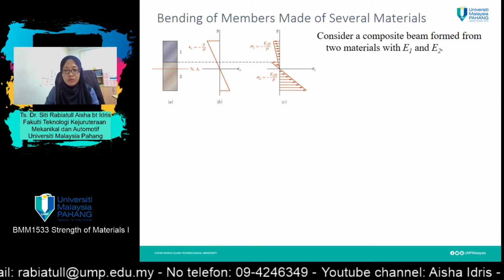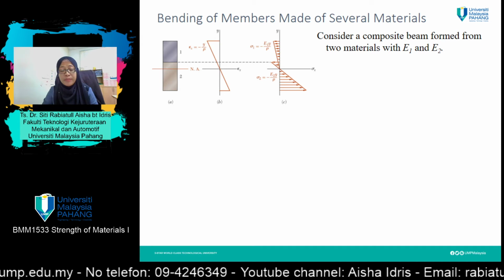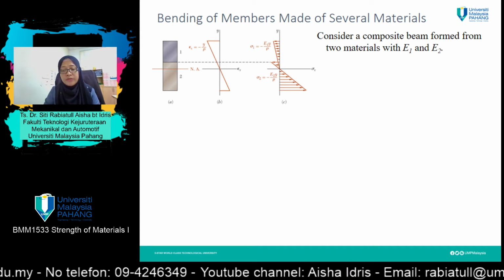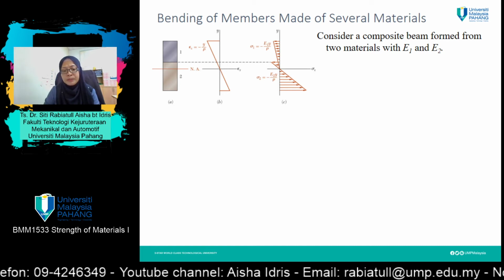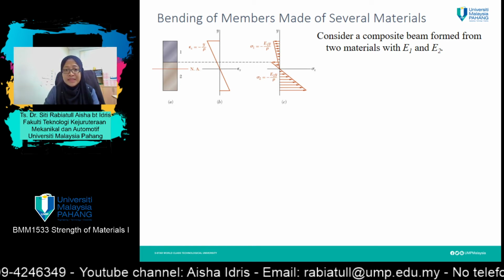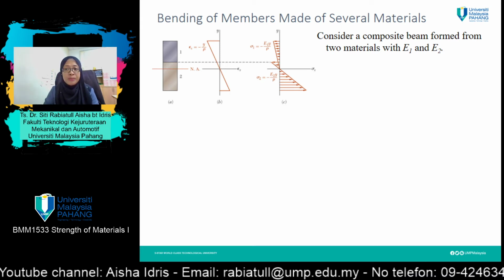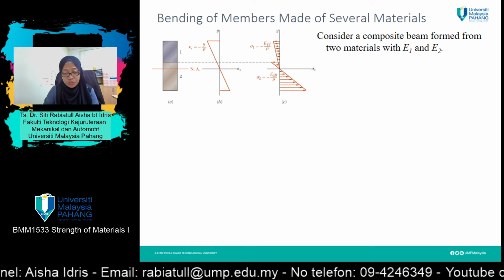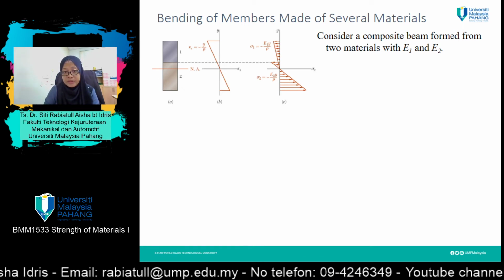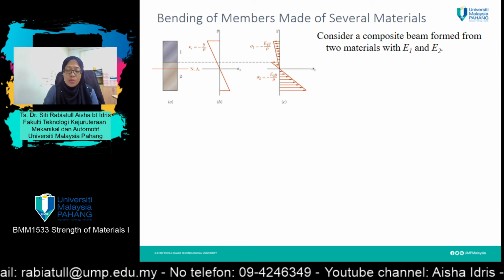So now let's move on to another part, which is bending of members made of several materials. We know that some designs require more than one type of material, and therefore different materials need to be combined in one design.